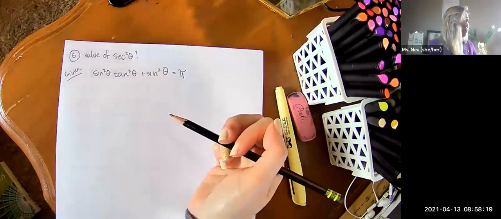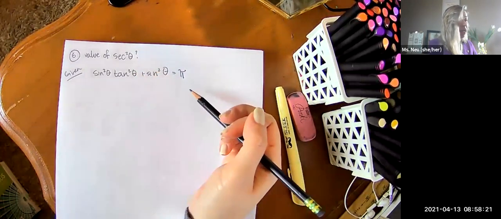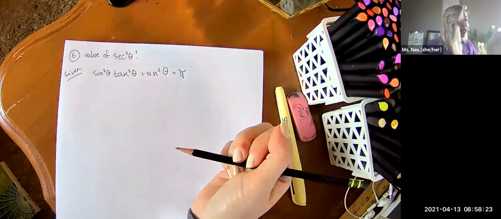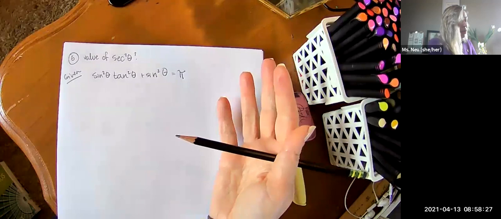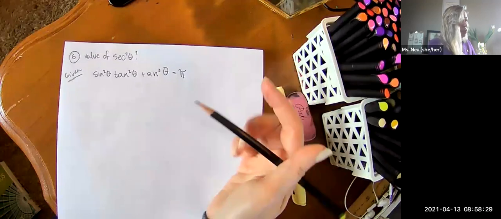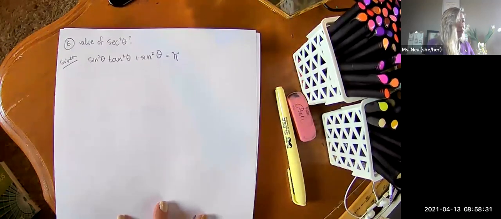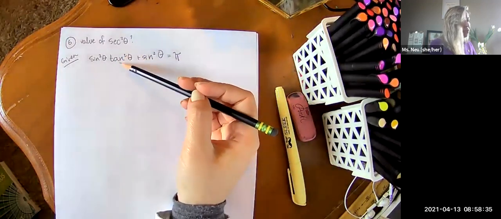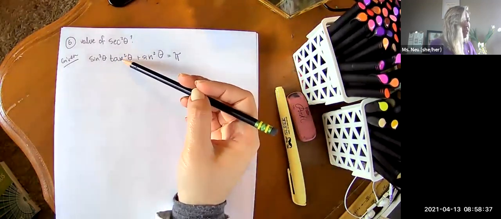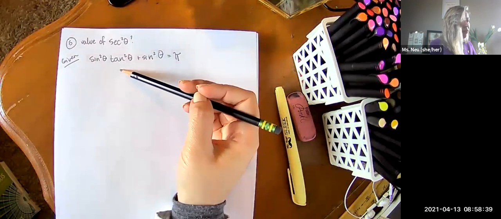Okay. Now this one, I'll admit, I look at this and go, oh my gosh, I cannot foresee what's going to happen. But let's just dive in here and start rewriting some stuff. Rewriting tangent as sine over cosine, that's the first thing that I think of.